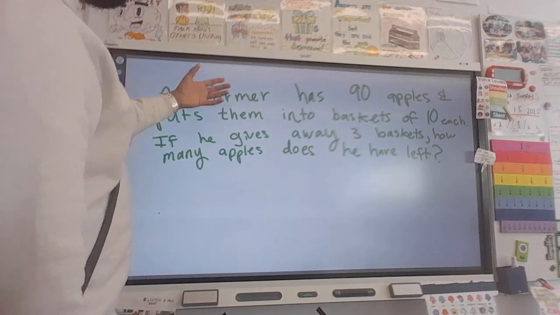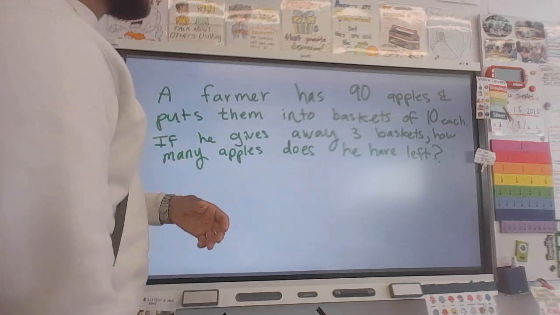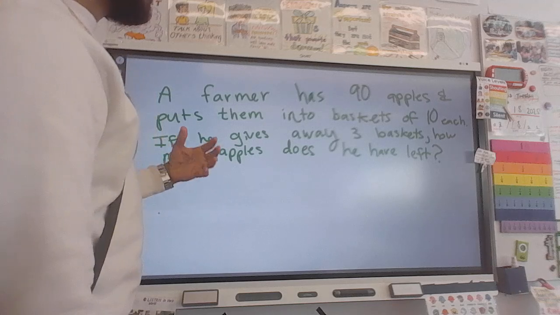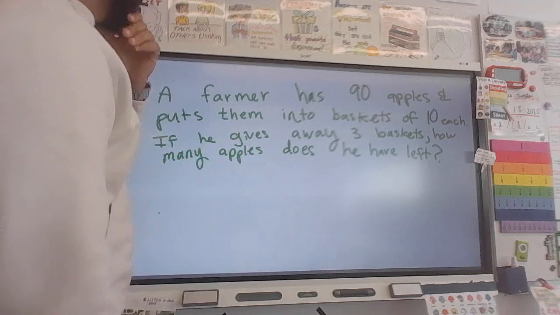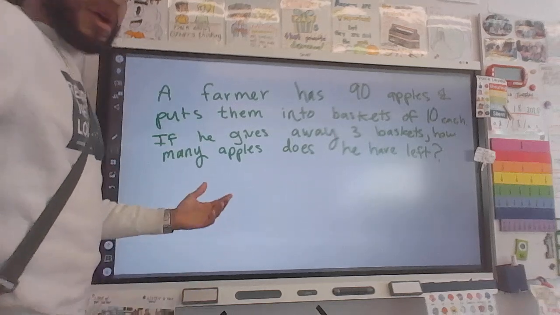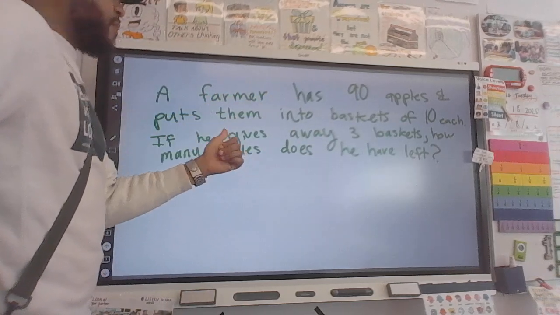First time reading it. A farmer has apples and puts them into baskets of each. If he gives away baskets, how many apples does he have left? Cool. When I read this, something that stands out in the first sentence, a farmer has some apples.